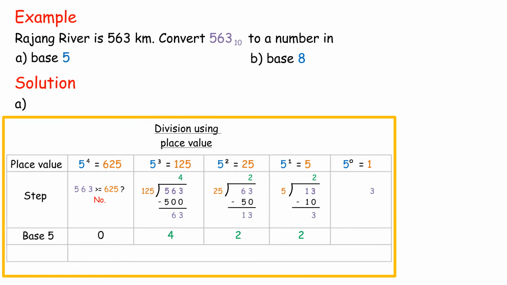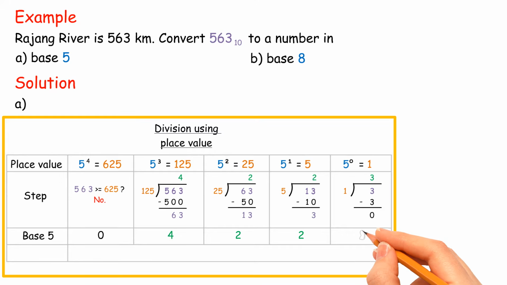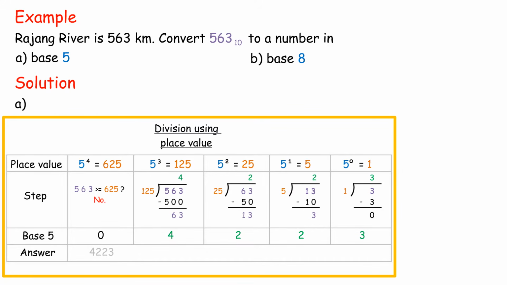Yes. Thus, 3 divided by 1, 3 times 1 equals 3, 3 minus 3 will get 0. Thus, write down 3 in base 5. Therefore, 563 in base 10 is equal to 4223 in base 5.